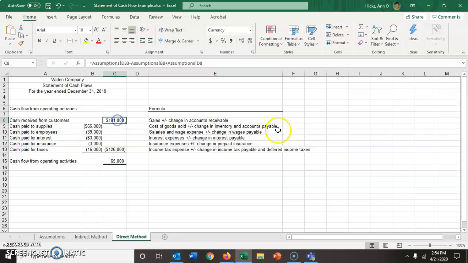And so we come up with cash received from customers of $191,000.